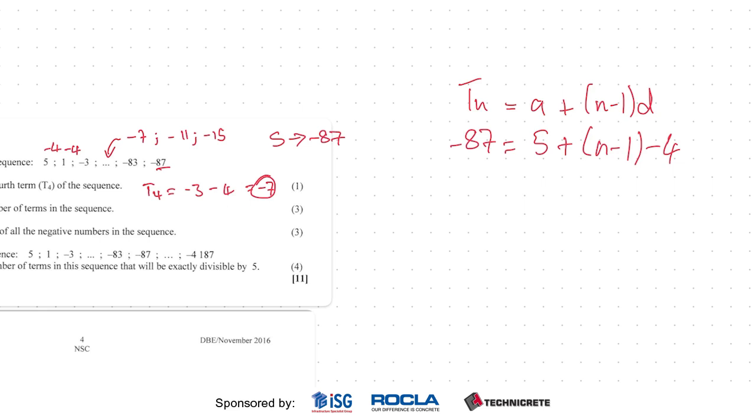So what do we have? We can take the 5 to the other side, so we would have negative 93. And then here we would have negative 4n plus 4. Then we can take the 4 to the other side as well, so negative 97 equals negative 4n. Did I do this correctly?